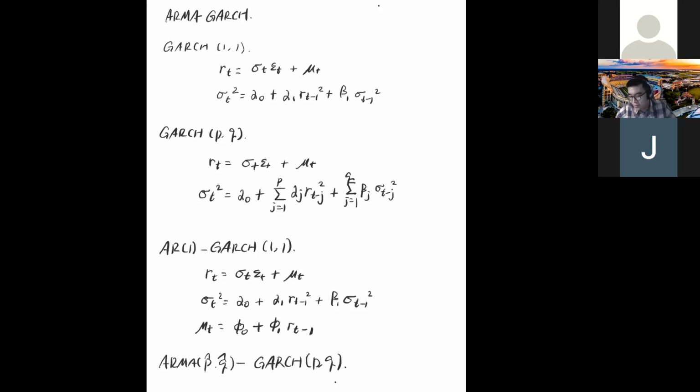You can have this very large model, with the p hat and q hat terms in the ARMA part, and also the p part and the q part in the GARCH model.